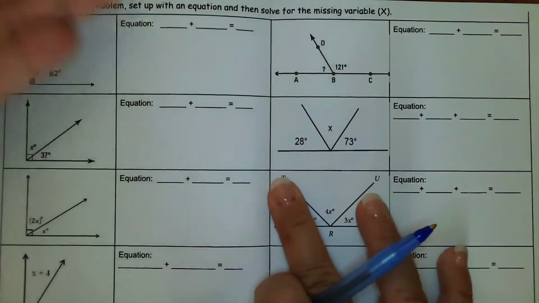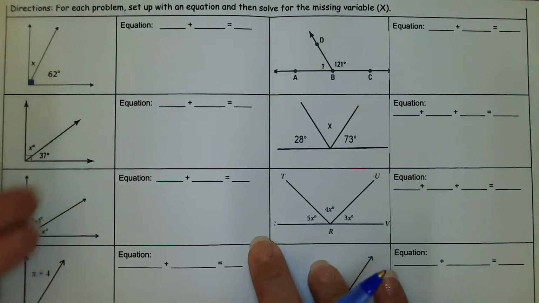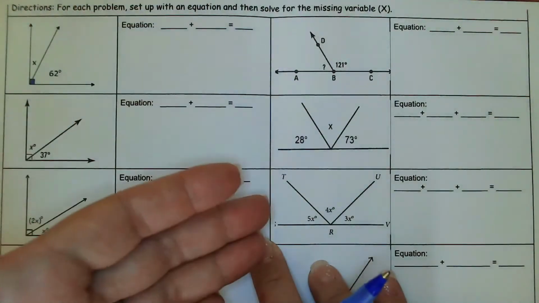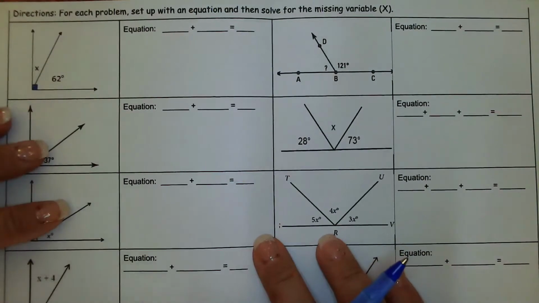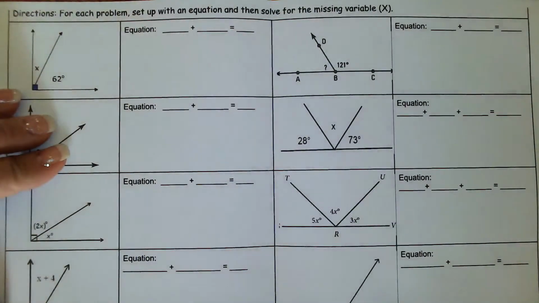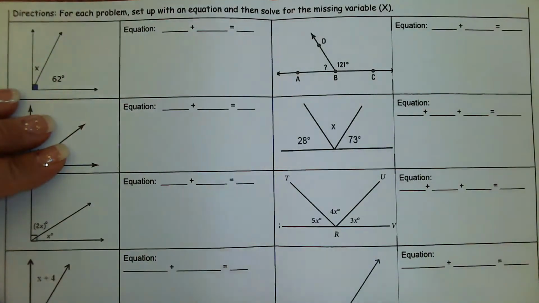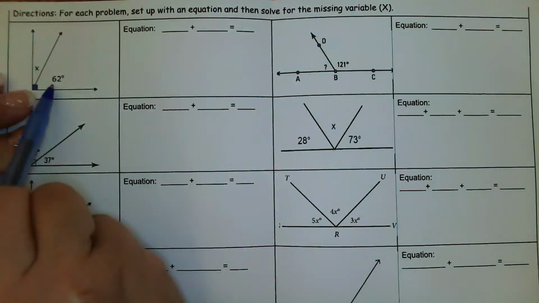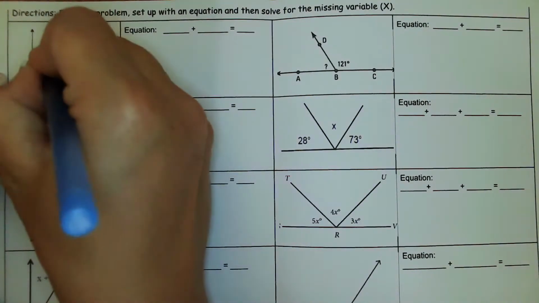So I have one side, complementary relationships. You see that 90-degree intersection. On the other side, I have supplementary relationships. So we can see how the equations are created and how the values of the angles are found. x and 62 are inside a 90-degree intersection.